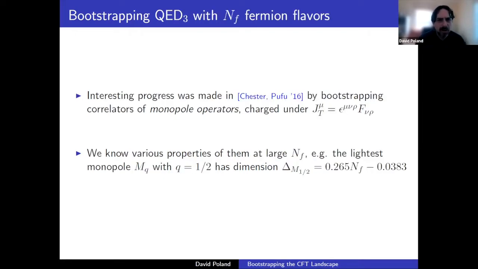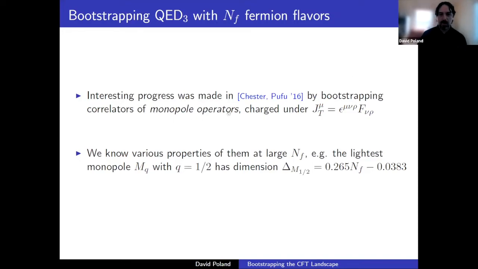Okay, so some very interesting progress at bootstrapping 3-dimensional QED was made a few years ago by Chester and Pufu. They focused on bootstrapping correlators involving monopole operators. These are operators corresponding to topologically non-trivial configurations of the gauge field.